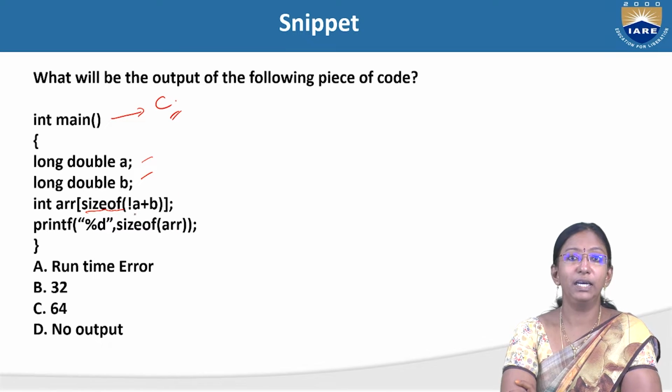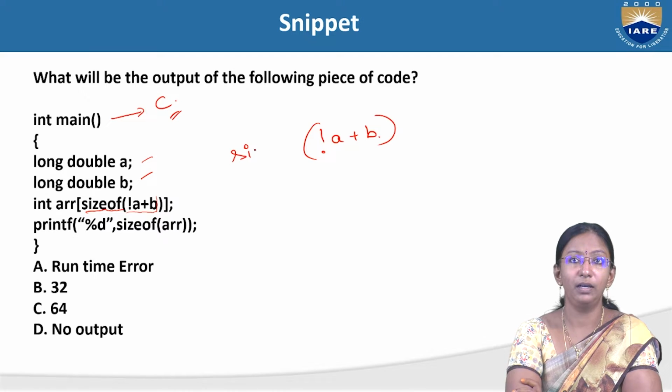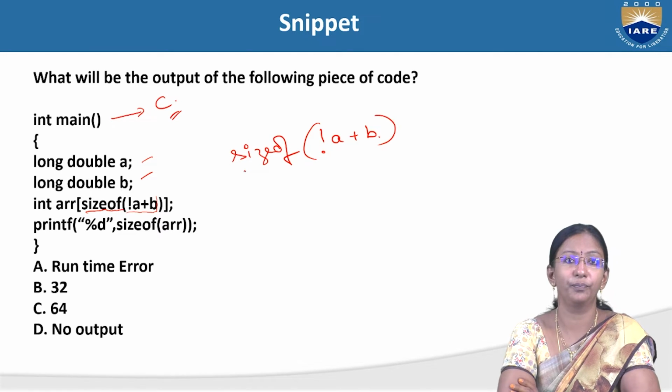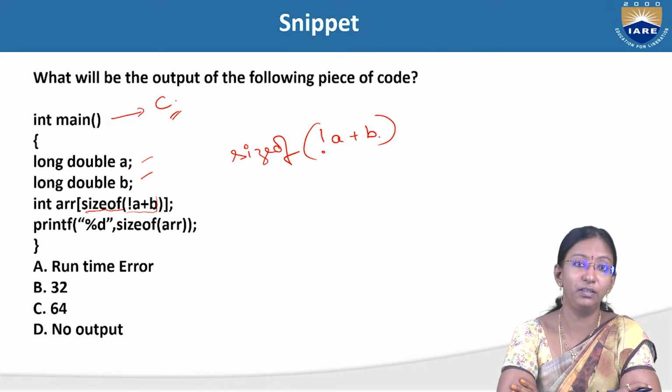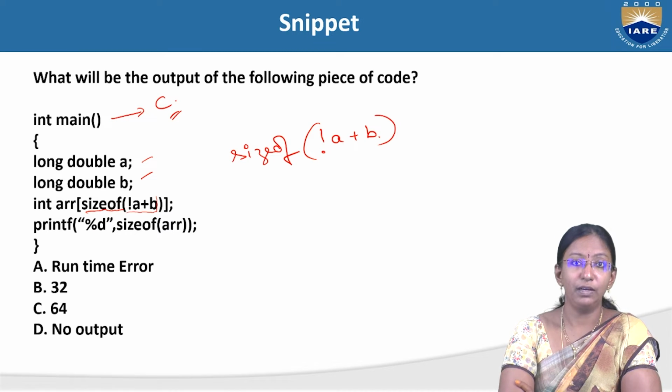Here they're asking what will be the size of this expression, which says not of A plus B. They are asking for the size of the resultant of not A plus B. And have a look at that code. They have not initialized the values of either A or B. The sizeof function, as I said, doesn't rely on values.